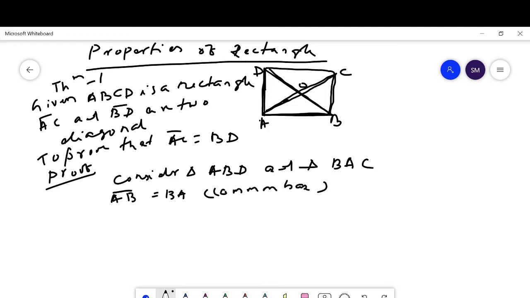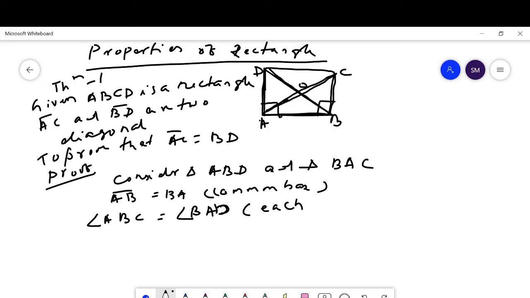Then angle ABC is equal to angle BAD as they are 90 degrees. As the angles of the rectangle, this angle is equal to this angle, each equal to 90 degrees.